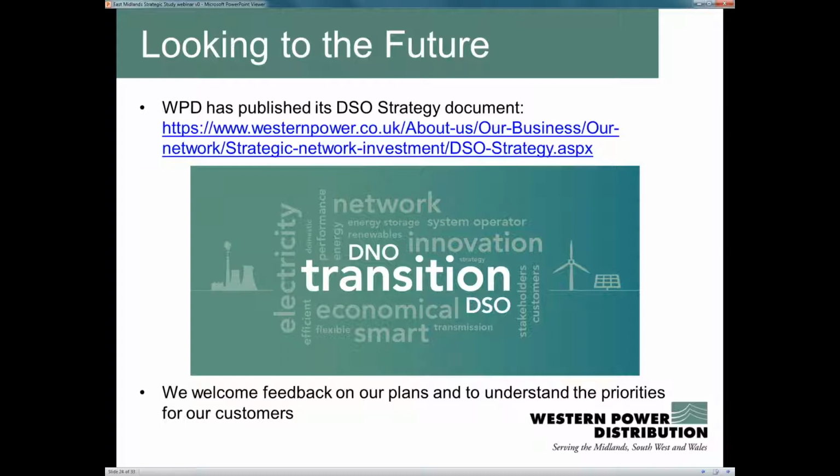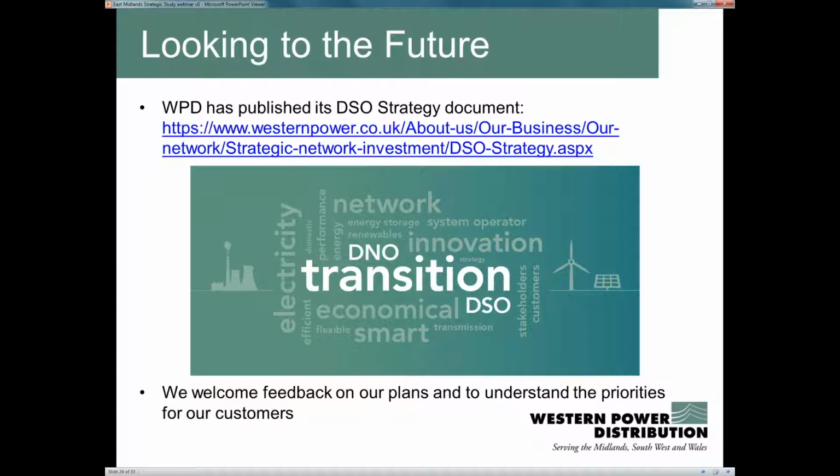Looking to the future, WPD has recently published its distribution system operator strategy document on our website. This really documents our proposed transition from being a network operator, one that looks after a passive network, to being a system operator where we manage an active network, have visibility and control of lots of resources across our network, and make sure that we efficiently and economically deliver that service in a coordinated manner with the transmission network operator.